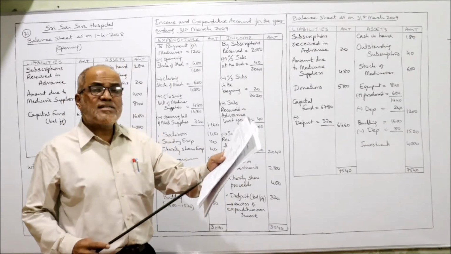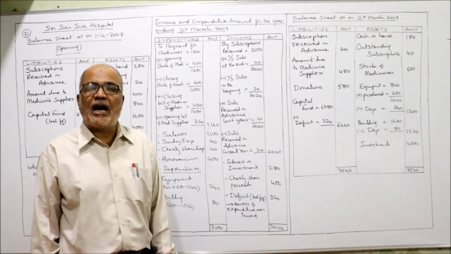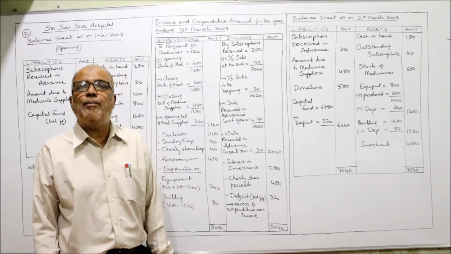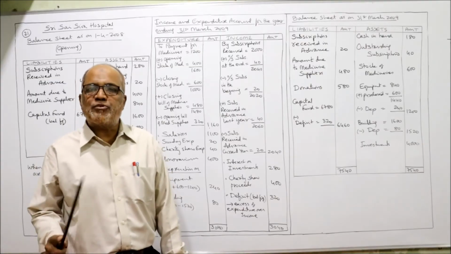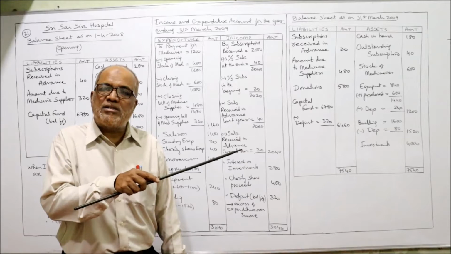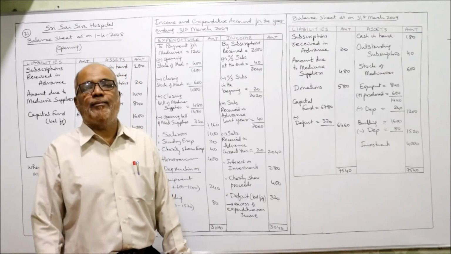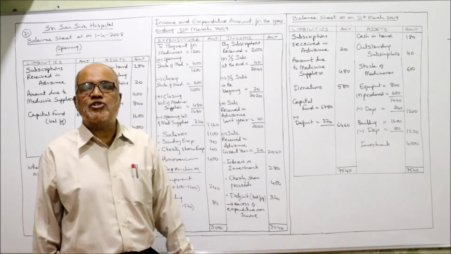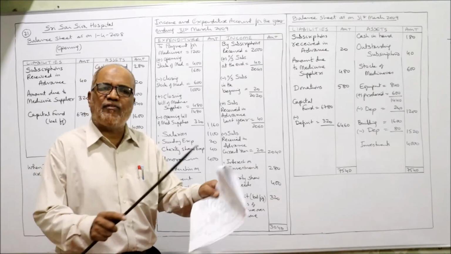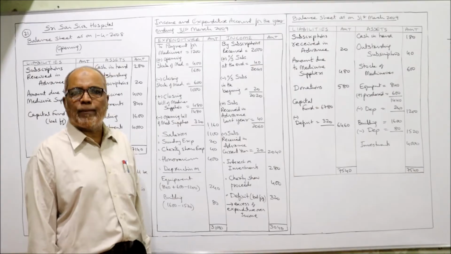Next, subscription received in advance. Exactly same point what we have discussed in the previous problem. Subscription received in advance. Last year subscription received in advance should be added, and current year subscription received in advance will be deducted. Exactly same way what we have done in the previous problem.